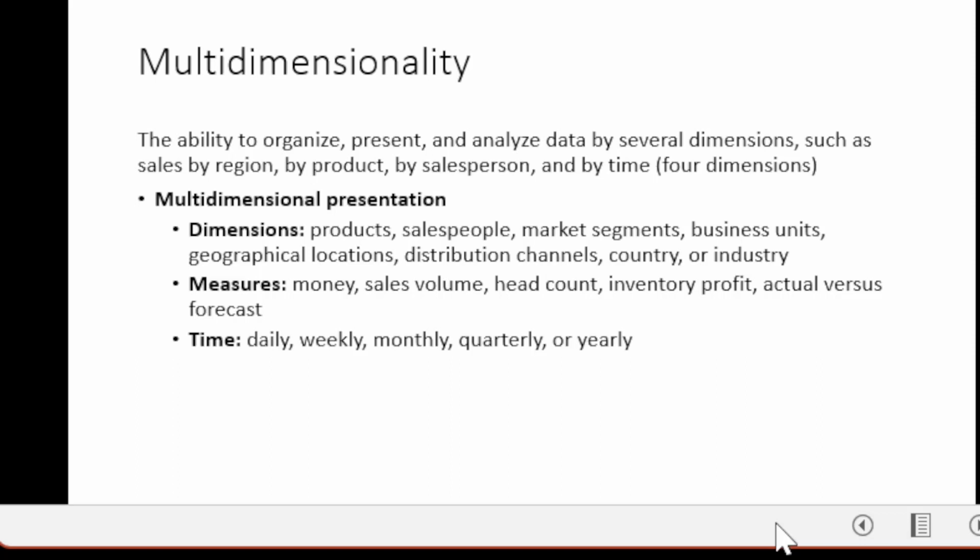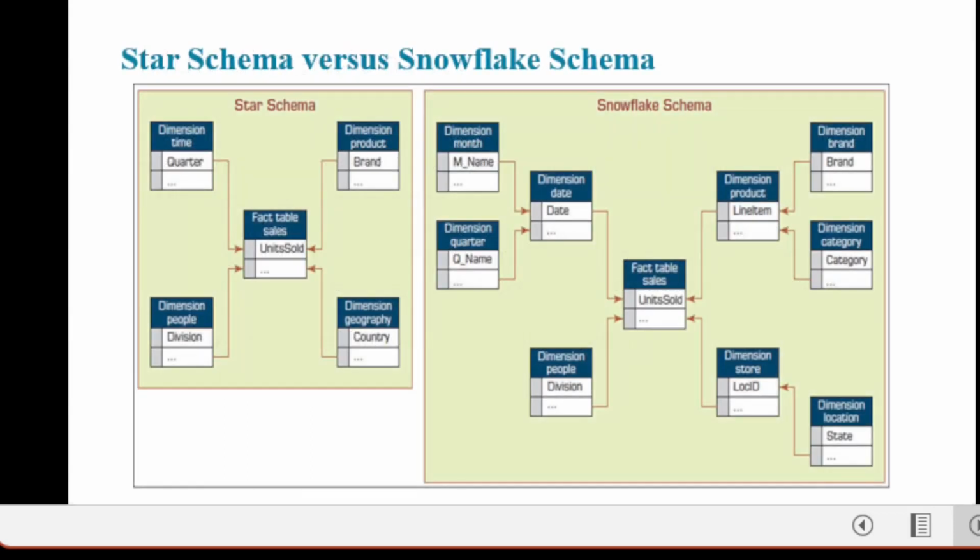And then in terms of time, what is the date, whether it is daily, weekly, monthly, quarterly, or yearly. And then this is star schema, and then this is snowflake schema.